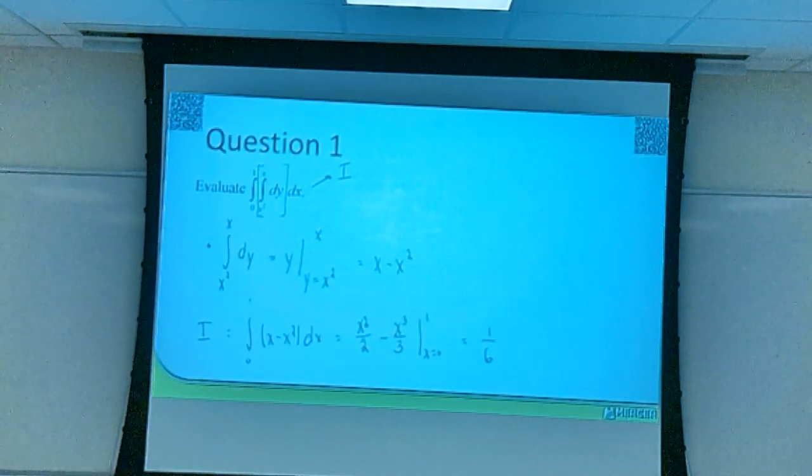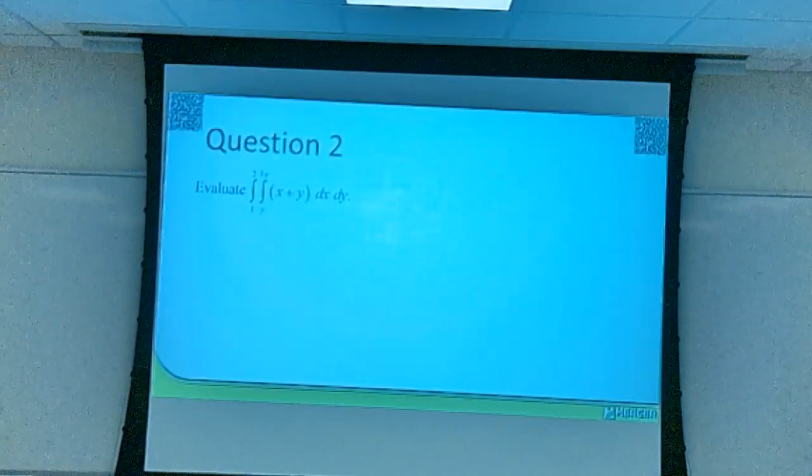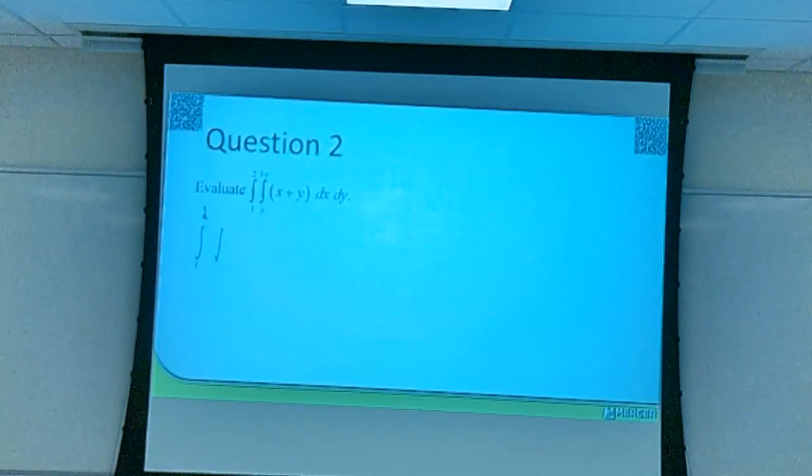And so that is the iterated integral. Antiderivative with respect to x.